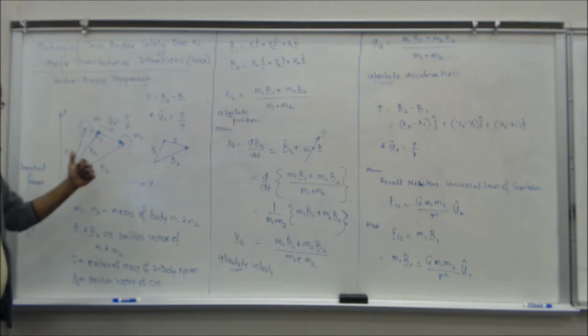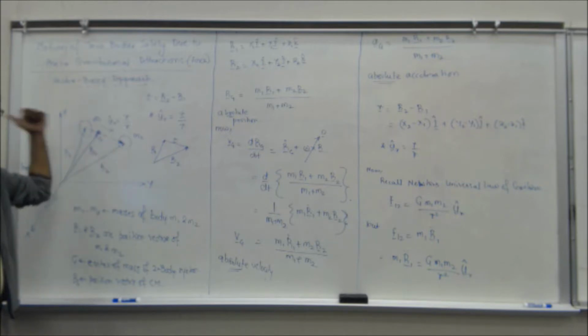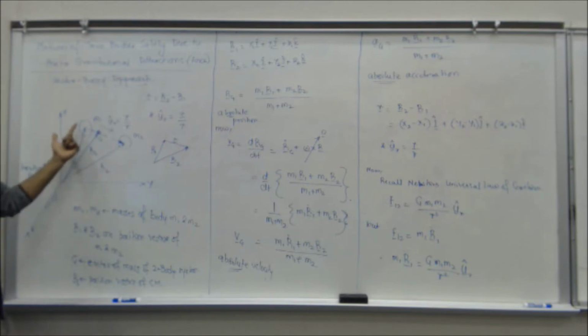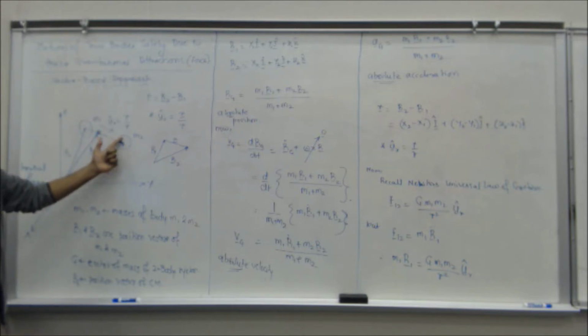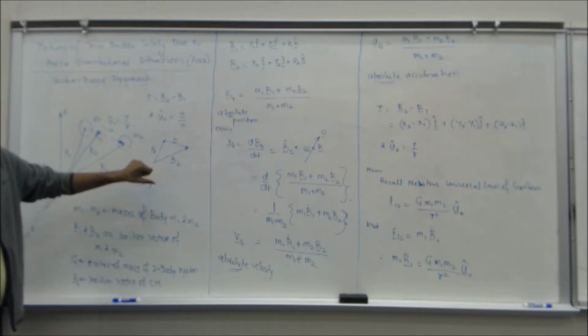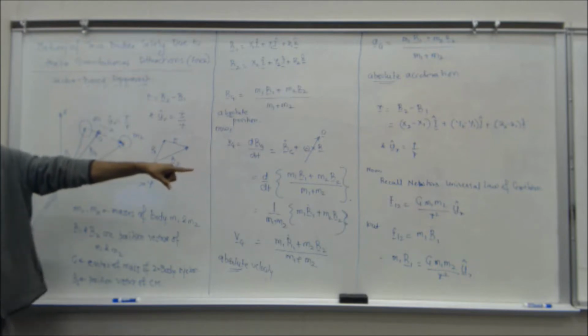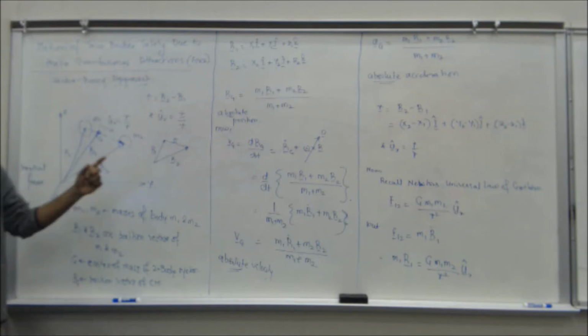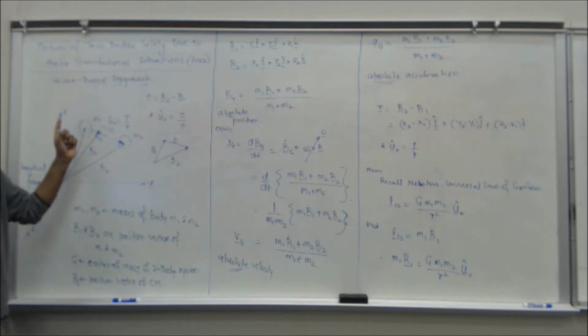It's pulling. The force of attraction on this one because of this one is in this direction. The force of attraction on this one because of this one is in this direction. And that is what that indicates: the force of attraction on body 1 because of body 2.